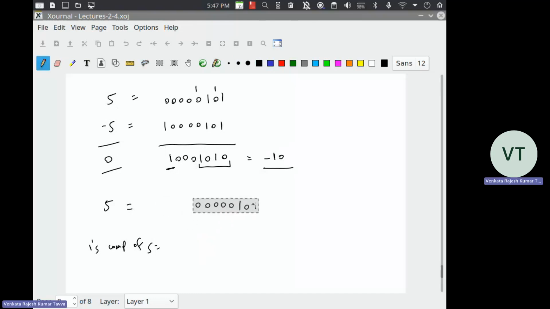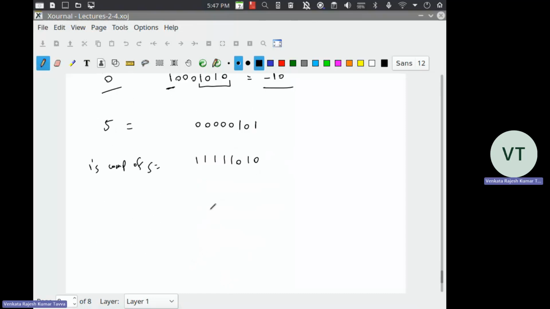Just flip the bits: 1 1 1 1 1 0 1 0. And then how do I get 2's complement? By adding 1 to it. So 1 1 1 1 1 0 1 1. This is the 2's complement of 5, so this is equal to minus 5 in 2's complement representation.